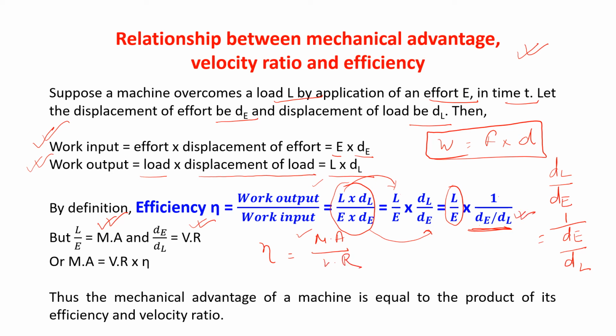So from there I can get mechanical advantage is equal to velocity ratio into eta. So mechanical advantage of a machine is equal to the product of its efficiency and velocity ratio. You have to practice this, children. You have to write it in your notebook and you have to derive this formula.